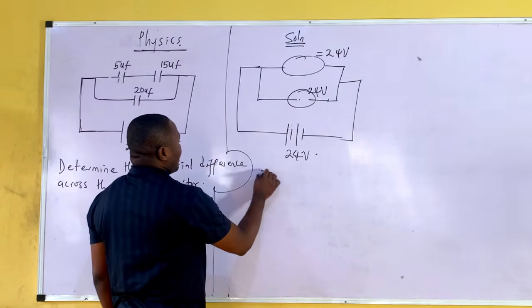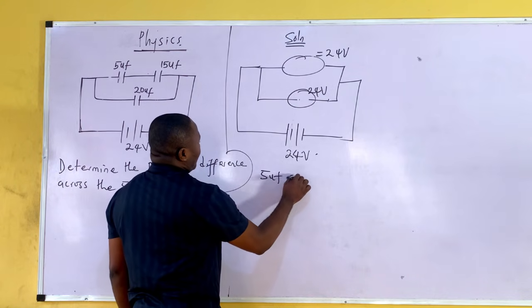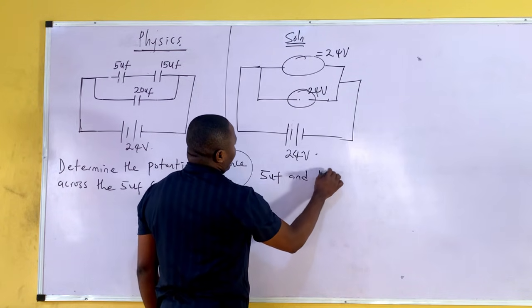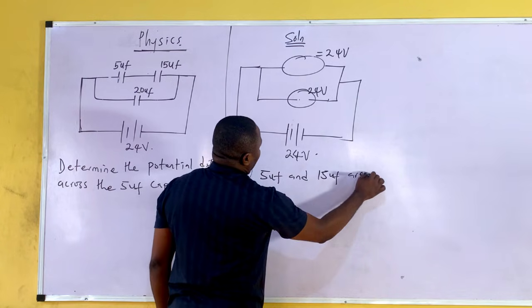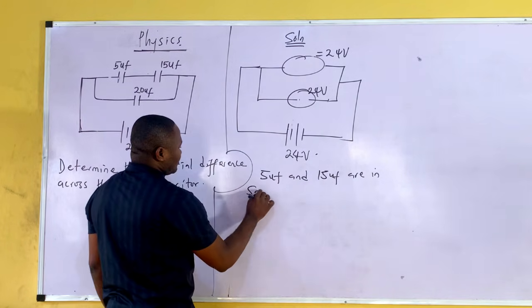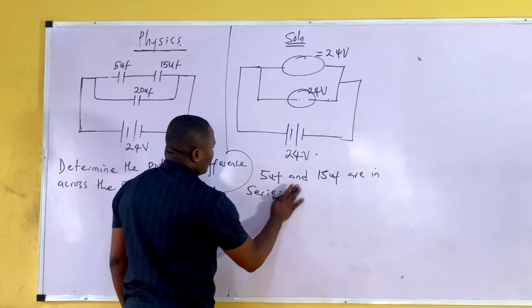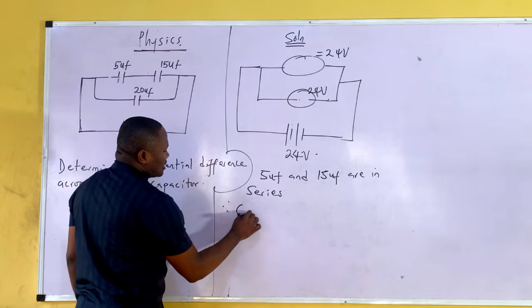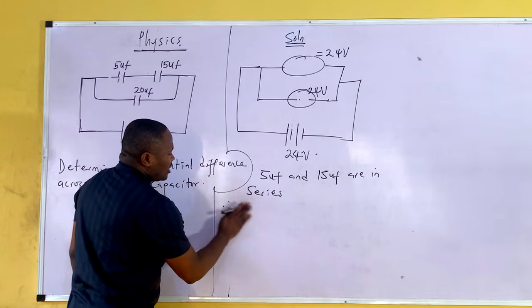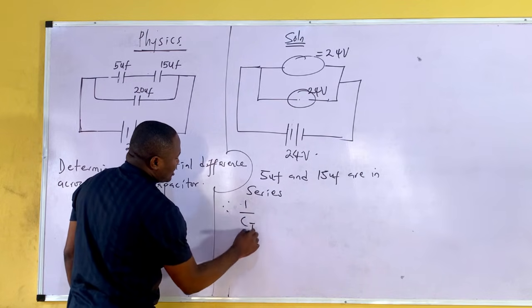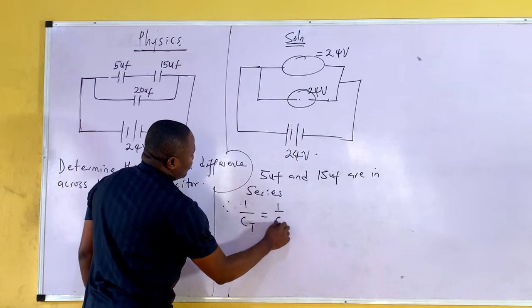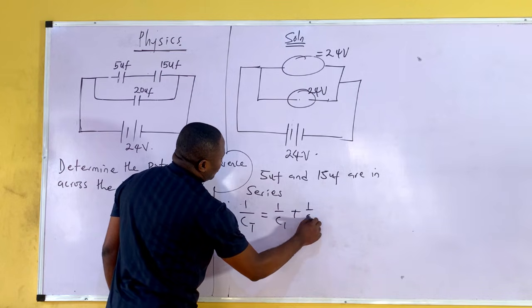So I can say 5 microfarad and 15 microfarad are in series. Therefore, total capacitance in series is gotten by 1 over C total equals 1 over C1 plus 1 over C2.